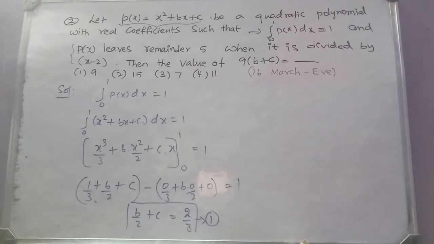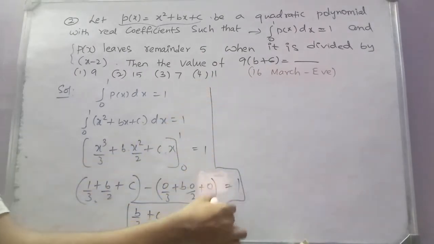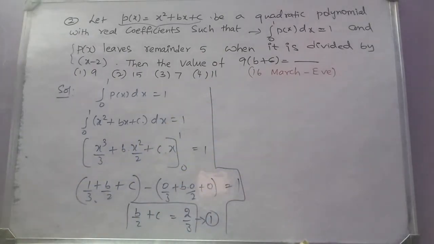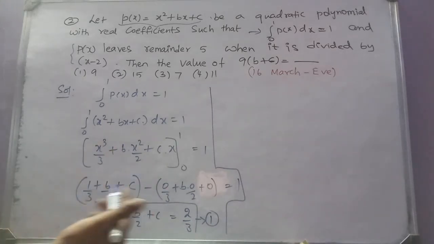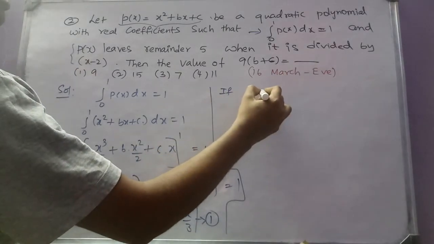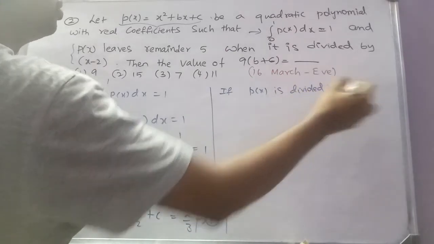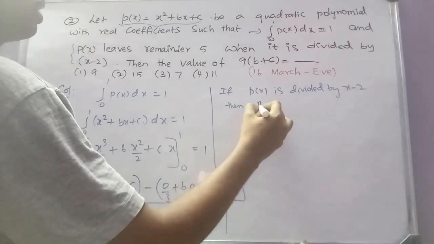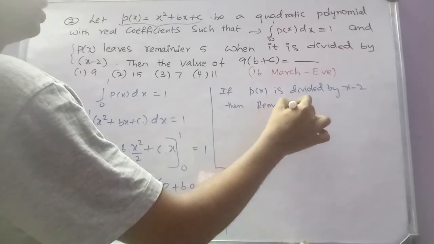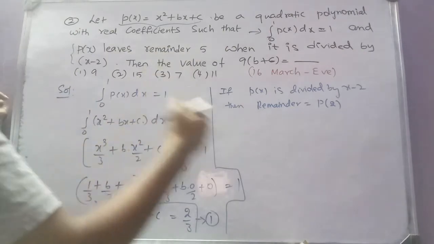After that, let us take this concept. What is the meaning of it? p of x leaves a remainder 5 when it is divided by x minus 2. Actually, by remainder theorem, if p of x is divided by x minus 2, then the remainder is equal to p of 2, and they told that the remainder is equal to 5.